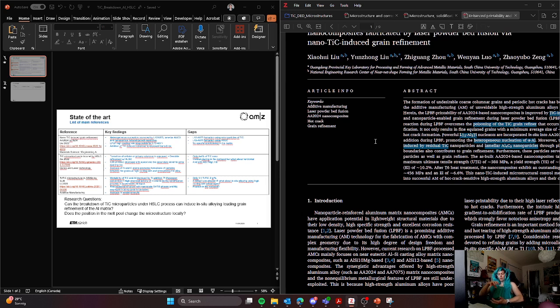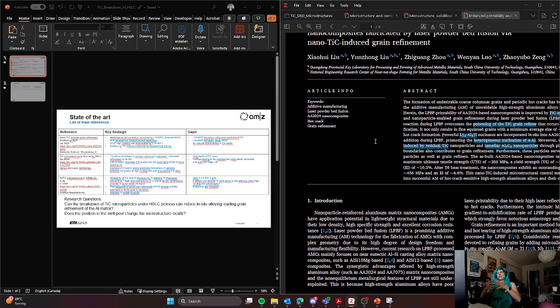the growth from the source of the cubic aluminium 3 titanium, but also there is growth restriction because aluminium carbide and titanium carbide surround the grains and restrict their growth. That helps as well to have a very fine microstructure. So it's really this LPBF high cooling rate that is responsible for the creation of the nucleation sites.